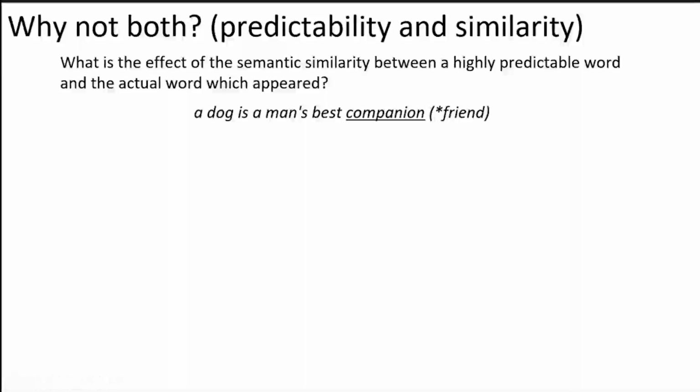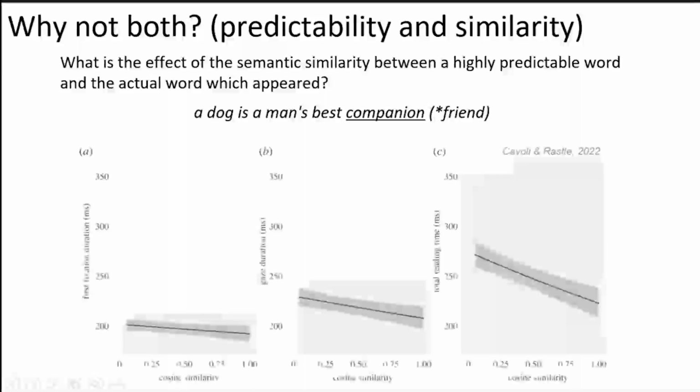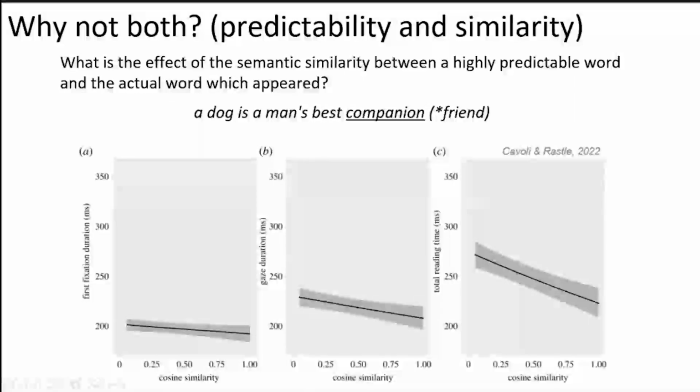And if we think that the brain is actively predicting the highly predictable word, what is the effect of semantic similarity? This very interesting study showed, again on fixation duration, so how long the eye rests on this word, this is the first fixation duration, this is the gaze duration, and this is total reading time.